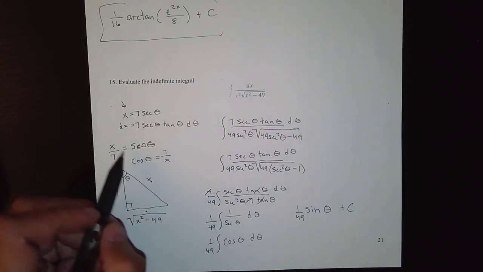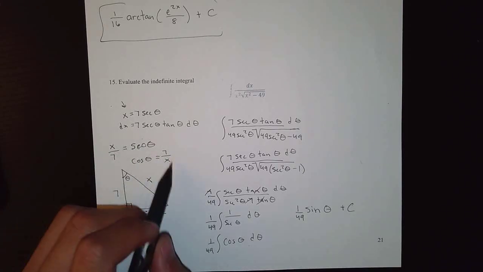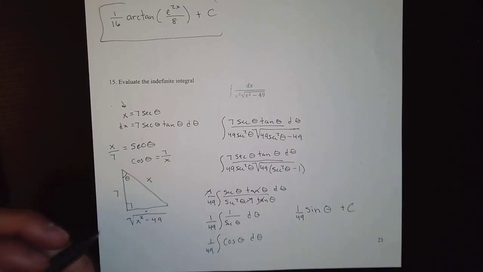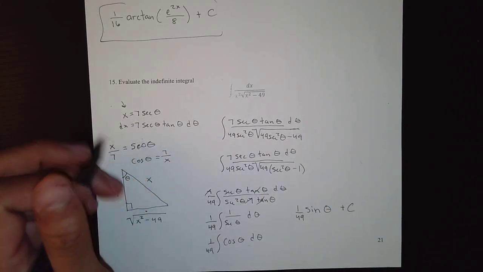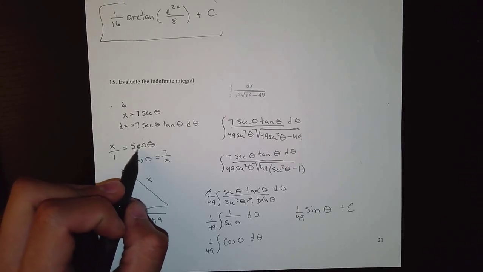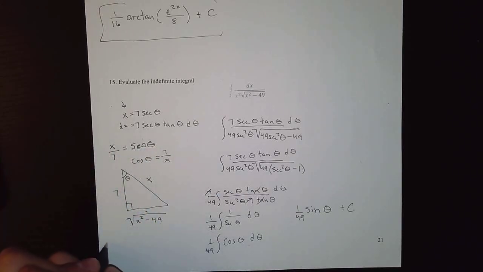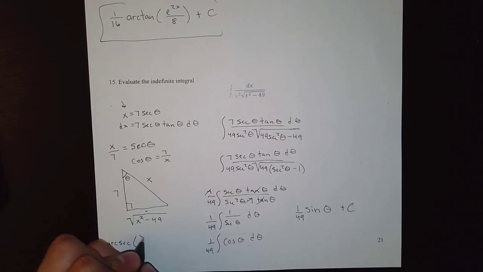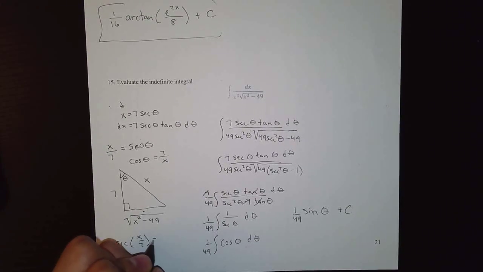Well, if we want to solve for theta in this case, we would just have to take the arcsecant function of both sides, and so we have arcsecant of x divided by 7 is equal to theta.